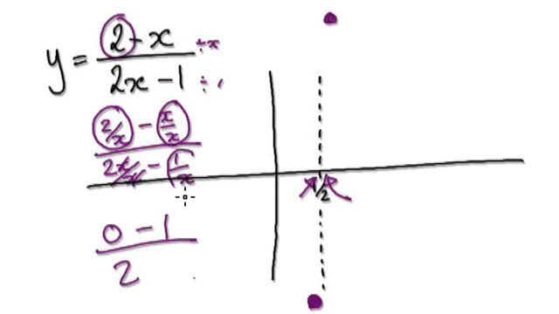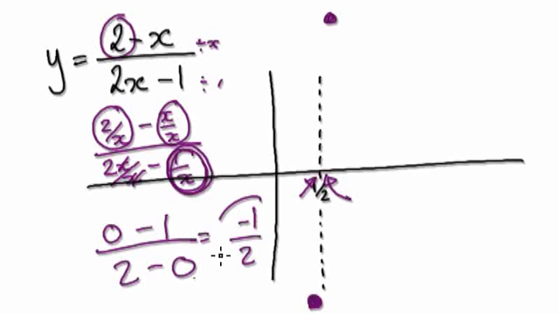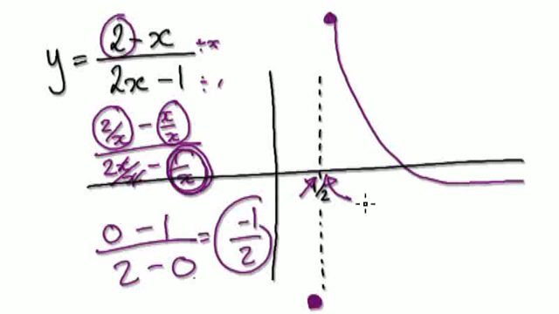And then as x gets very, very big, this thing here will be 0, take away 0, and then here you've got negative 1, take away 2. So that will be negative a half. So as x heads towards infinity, the limit will be negative a half. So it will look something like this, being negative a half.